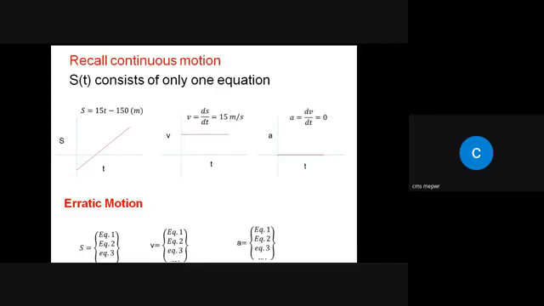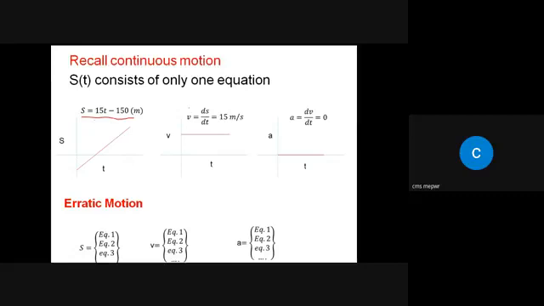For example, this is an example from the previous class. We have just one equation to represent displacement versus time, which means throughout this time range, the displacement has just one equation.